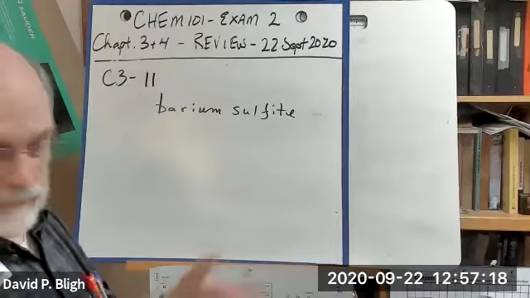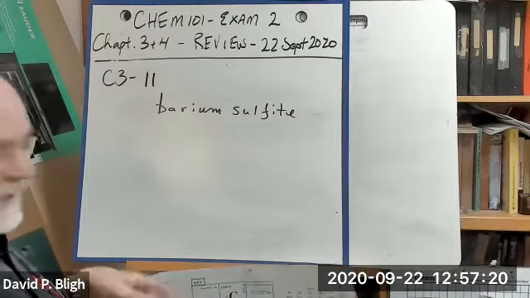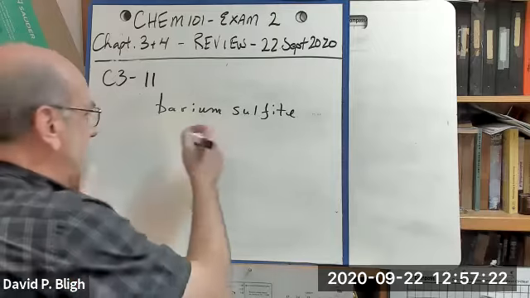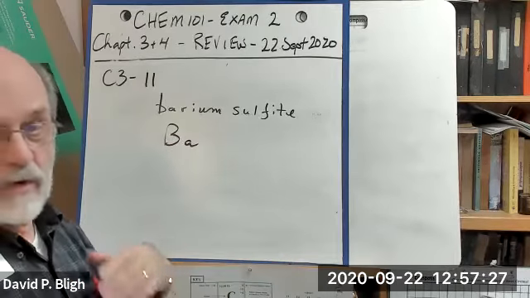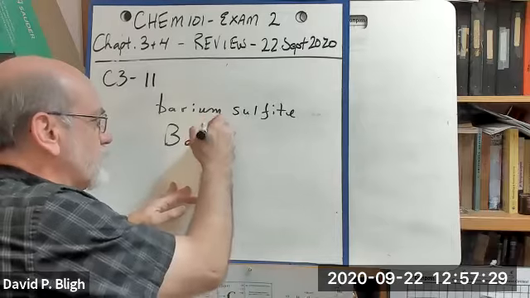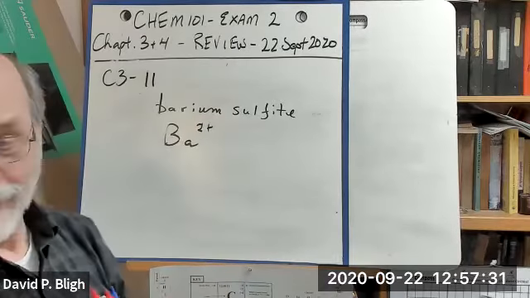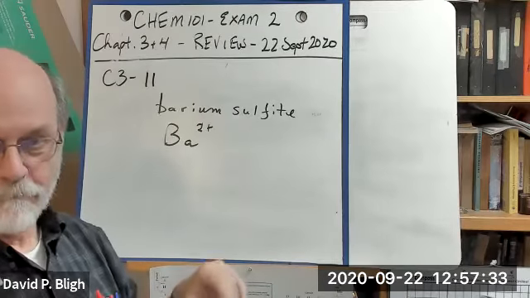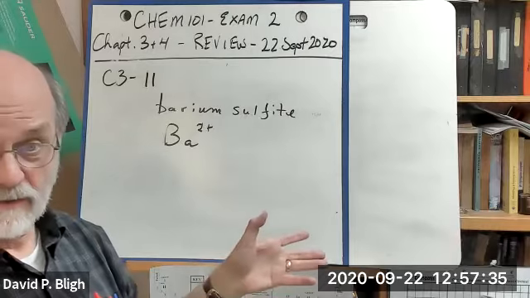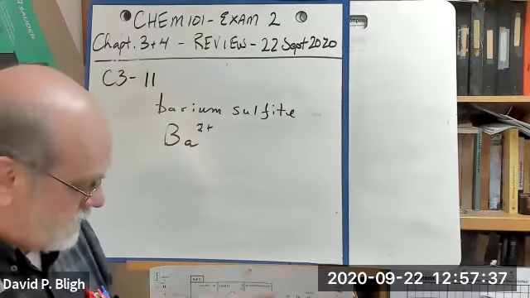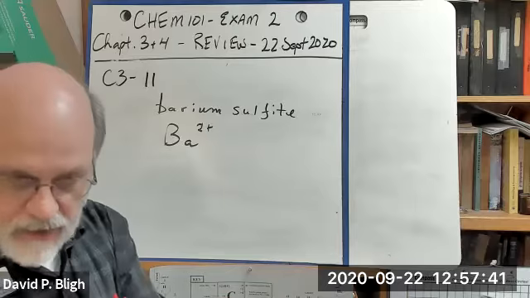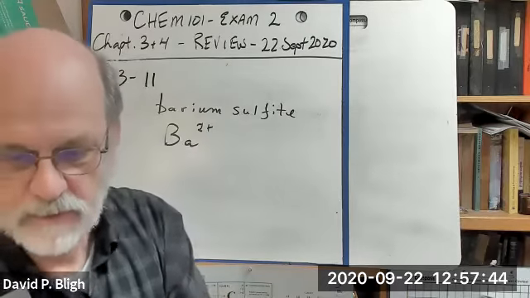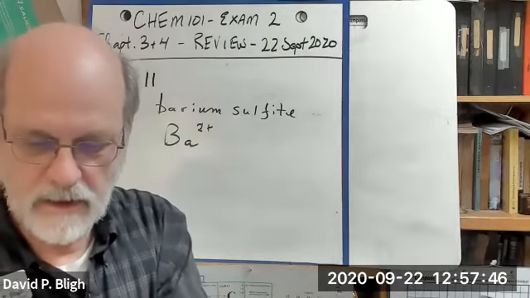Okay, so what's barium? We know what barium is. It's an alkaline earth. It's in the second column, so it always has a 2+ charge. Okay. How about sulfite? It's not sulfur, right? So it can't come from here. Sulfite is a polyatomic ion, and you look it up on your table, at the very end of the document.